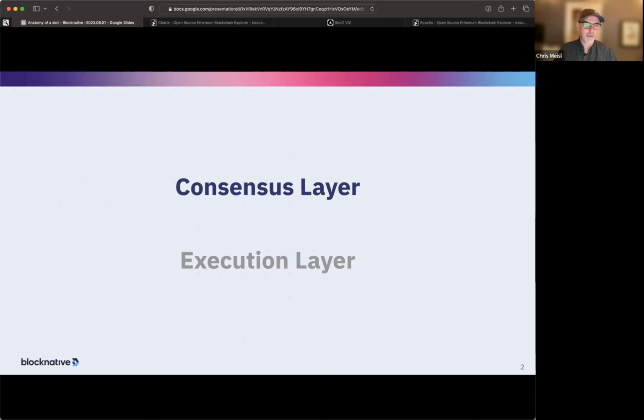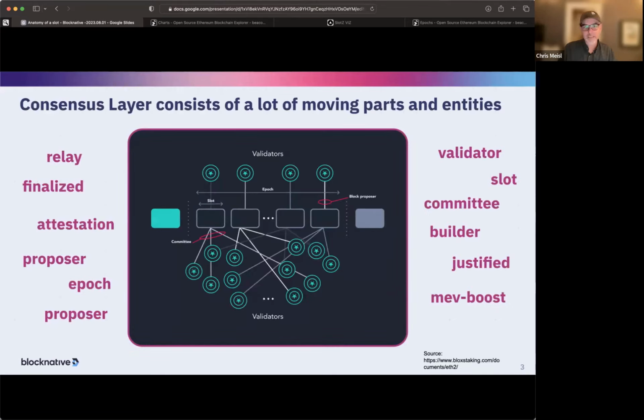But there is some overlap that's pretty interesting with the execution layer, because that's where the value is. It is the block that has the value, whether it is normally through the public mempool or through MEV. That's the value that the validators are receiving by validating the block. So on the consensus layer, there's a lot of moving parts.